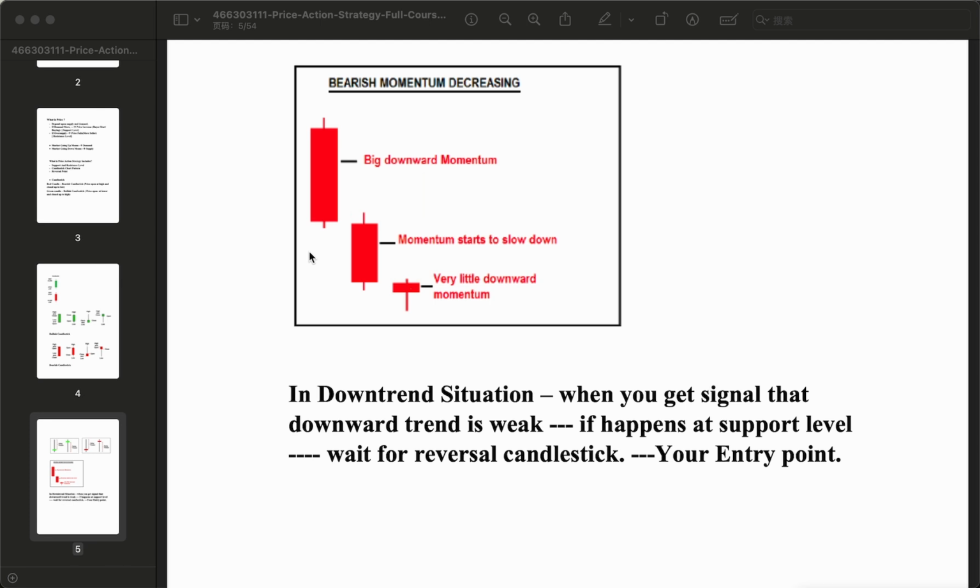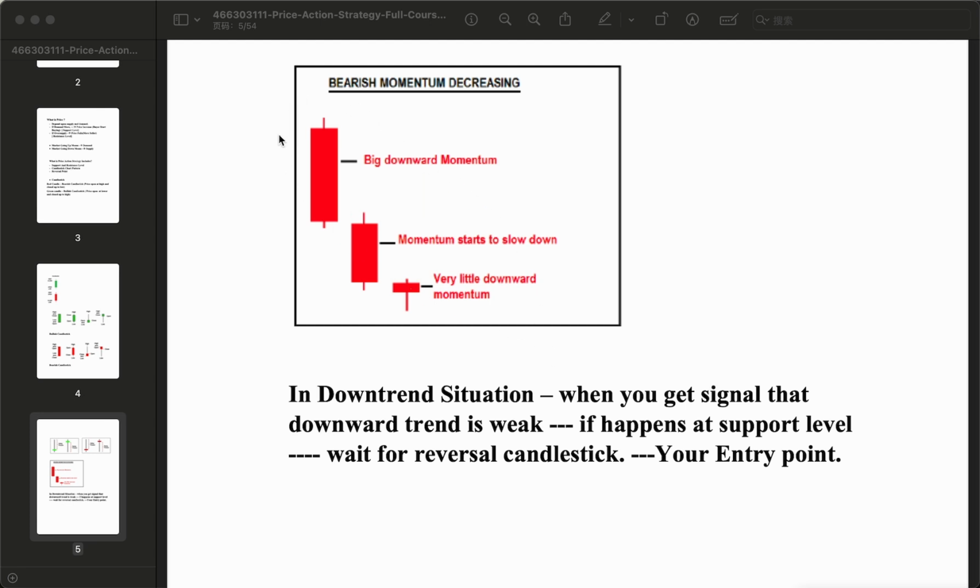And when the price hits the support line, that means there is buying power right here supporting the price level, and therefore you see very little downward momentum. This is how you see bearish momentum decreasing.